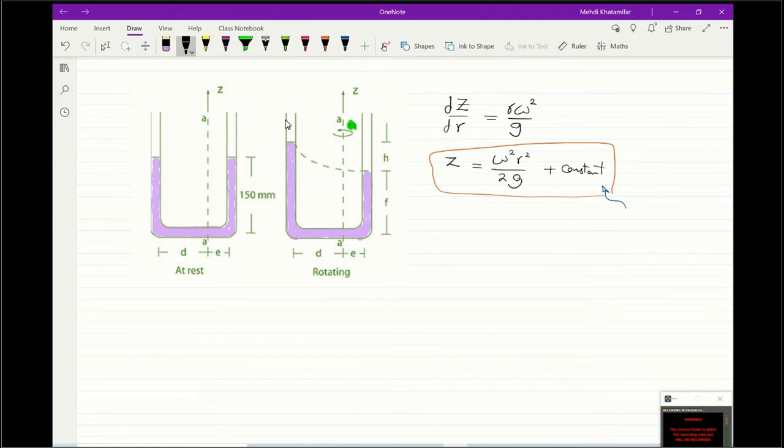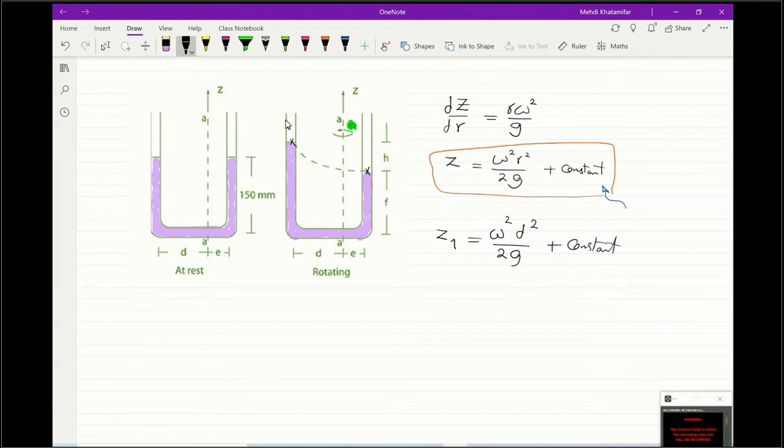I'm going to write the formula for the left leg and right leg here and here. Let's see. For the left leg, let's call it Z1, it is going to be omega squared, R is going to be D, so D squared divided by 2g plus constant.